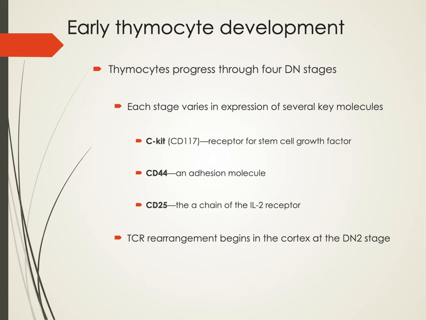The molecules that are generally looked at to characterize what stage they are at are c-Kit, which I mentioned is related to the stem cell, as it is the receptor for stem cell growth factor; CD44, an adhesion molecule; and CD25, the alpha chain of the IL-2 receptor. And again, as we mentioned, the T cell receptor rearrangement is going to begin at the double negative 2 stage, but most of the rearrangement is going to happen during the double negative 3 stage.